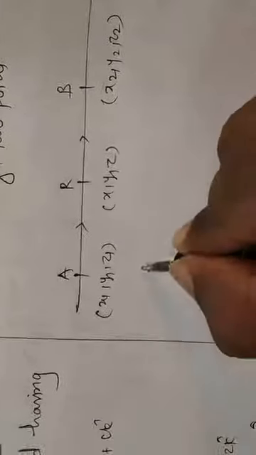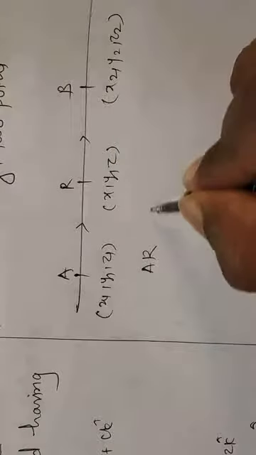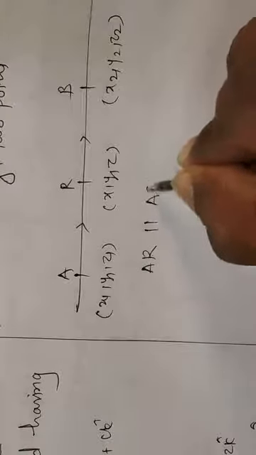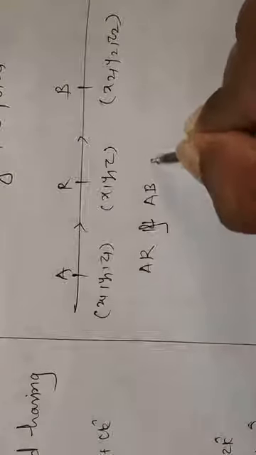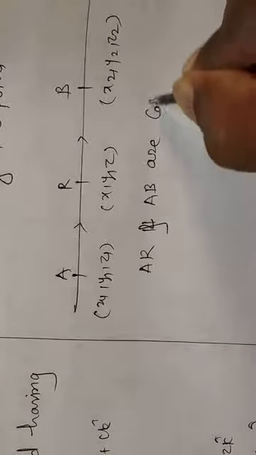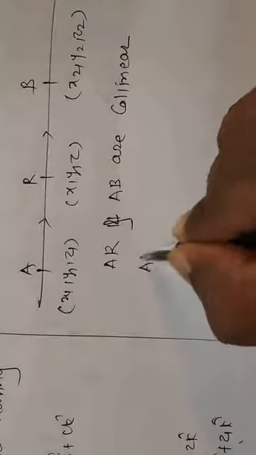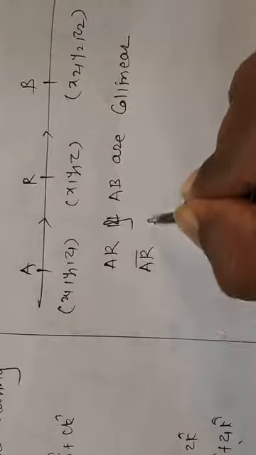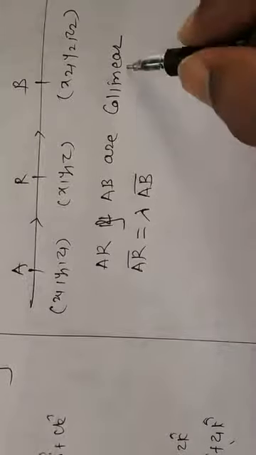As we know, AR and AB are collinear. Two vectors being collinear means AR bar is equal to lambda times AB bar, one vector being a scalar multiple of the other.